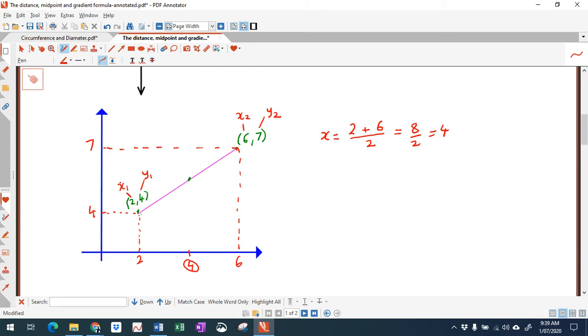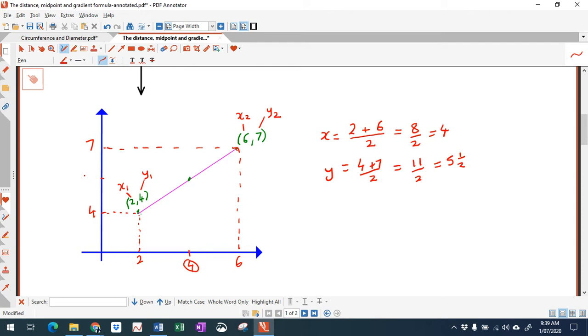Now, what about the middle of the y coordinate here? So that corresponds to that green dot there. So to get the middle of 4 and 7, which is the y values, I'm just going to take 4 plus 7 divided by 2, which equals 11 over 2, which equals 5.5.